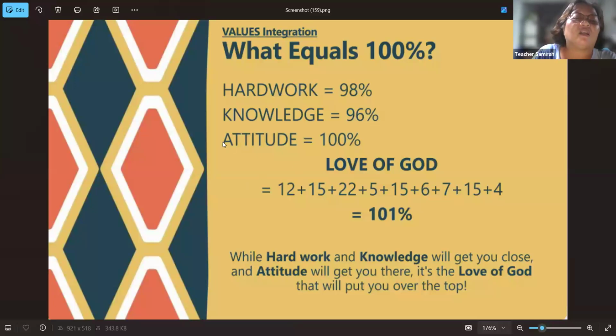While attitude is the only one which actually has 100%.